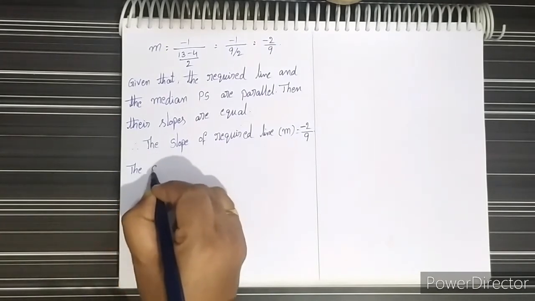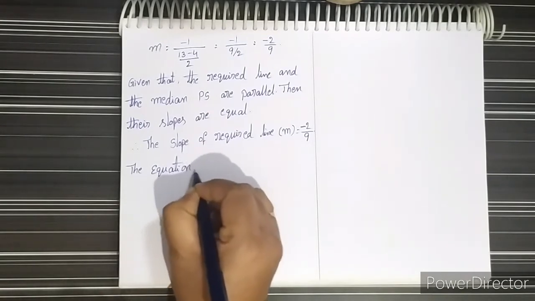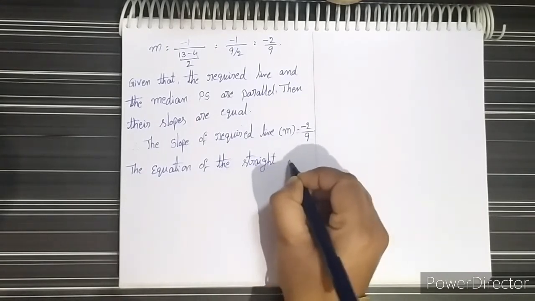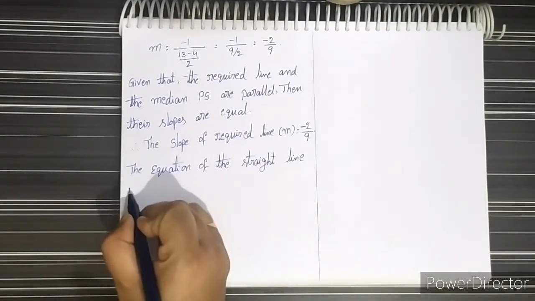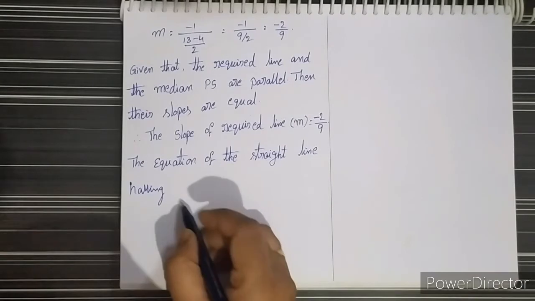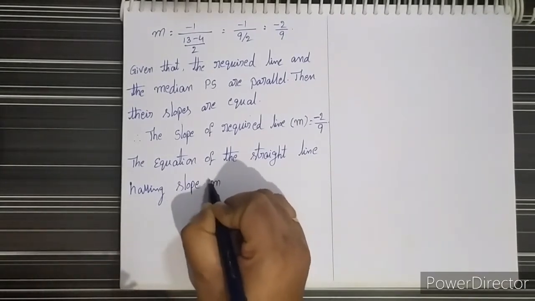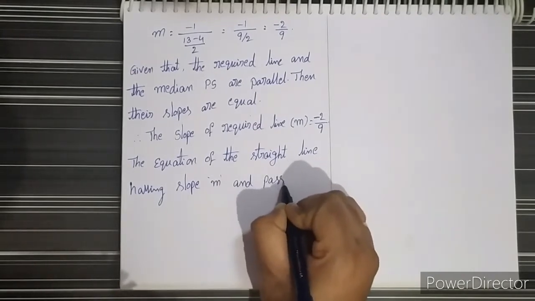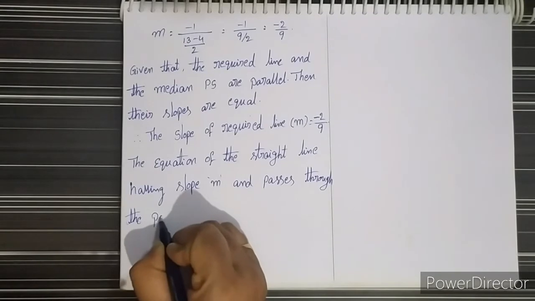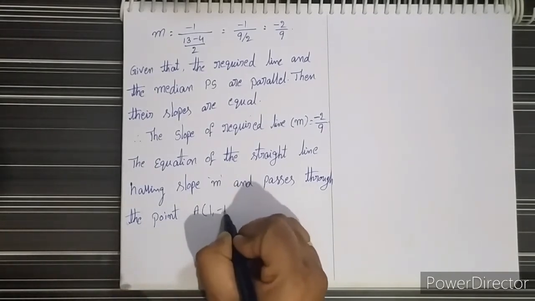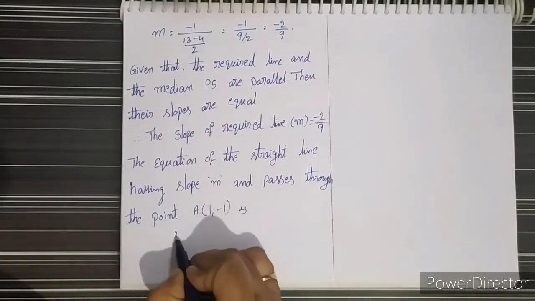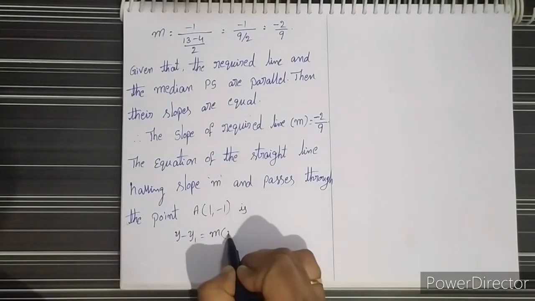Then the equation of the straight line having slope M and passing through the point (1, -1): we know the formula for slope M and point A, that is y minus y1 equals M into (x minus x1).